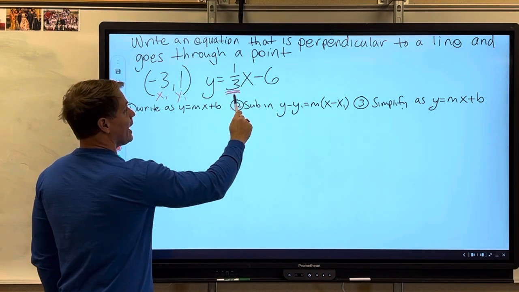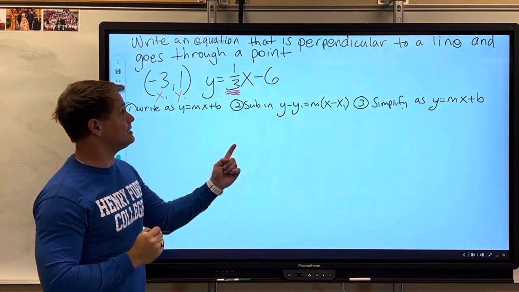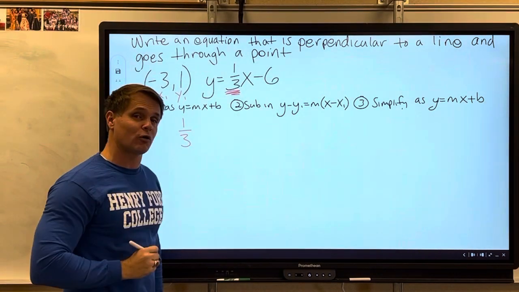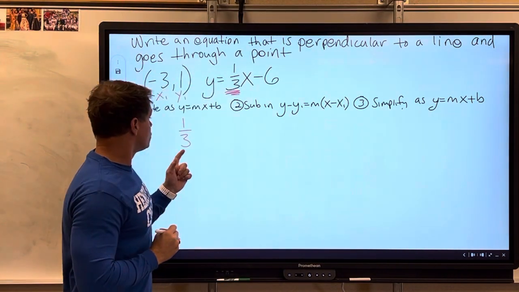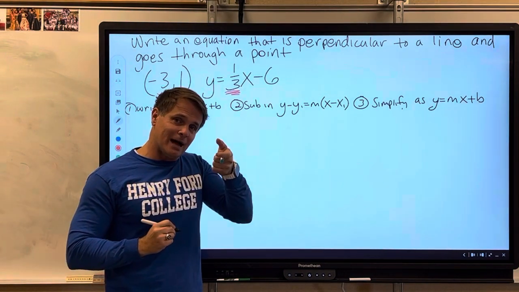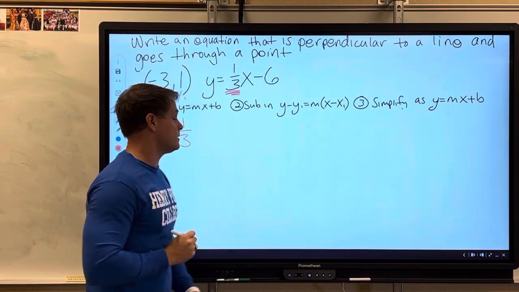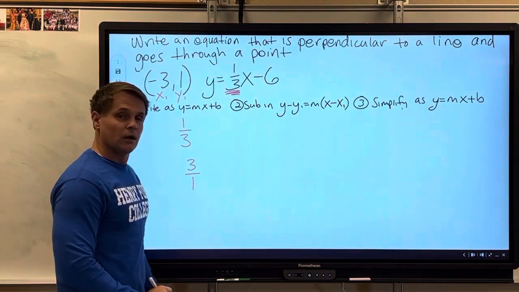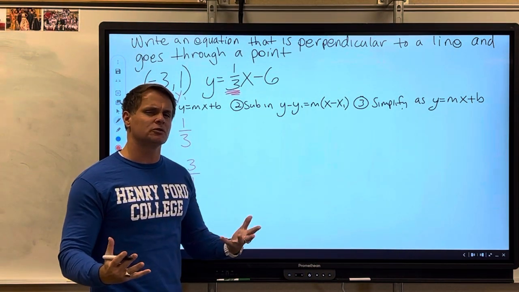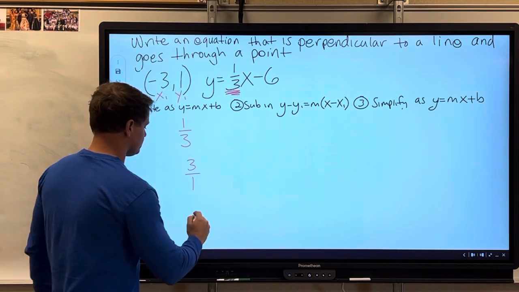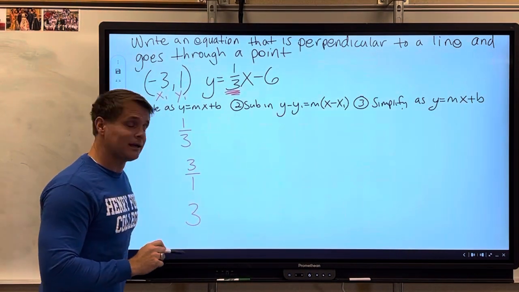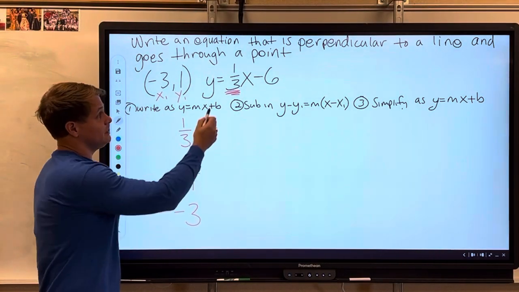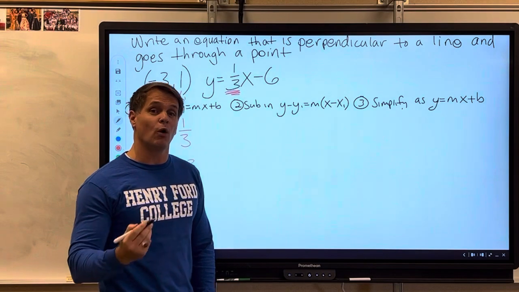Well, the slope that I have right here is 1/3, but since it's perpendicular, I want to write the negative reciprocal of that. So I'm going to flip it upside down, and then I'm going to change the sign. So 1/3 is going to be 3/1. Well, we don't need to write 3/1 because 3 divided by 1 is 3. But we do want to make this number now negative. So now negative 3 is the negative reciprocal of positive 1/3.